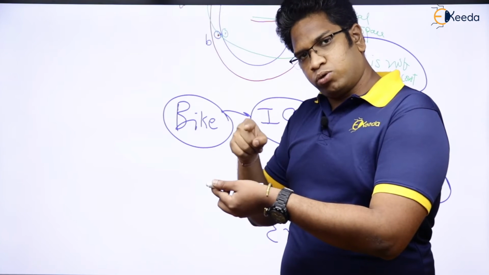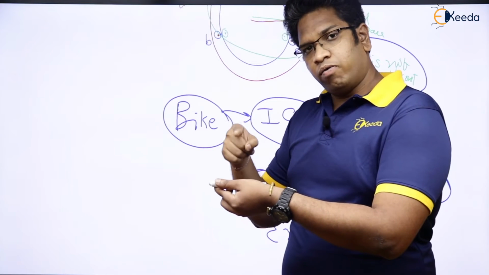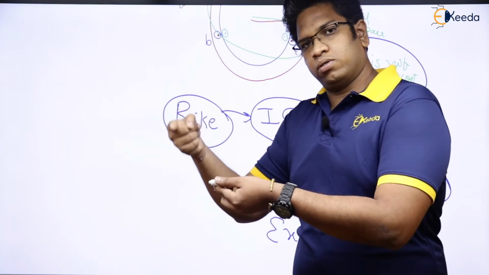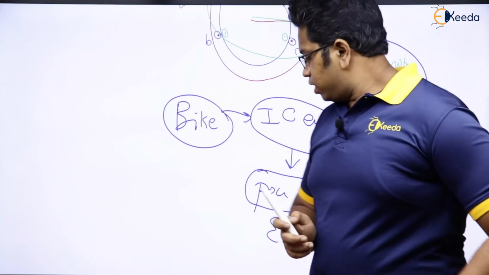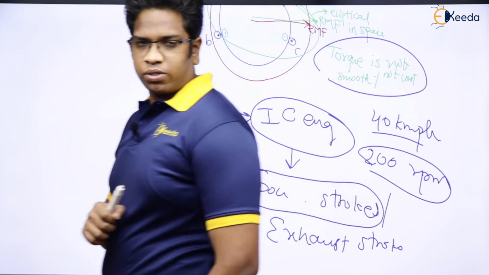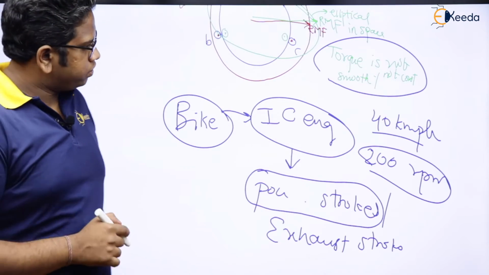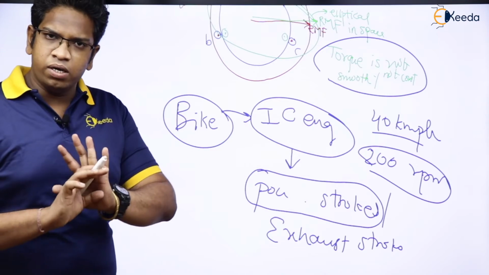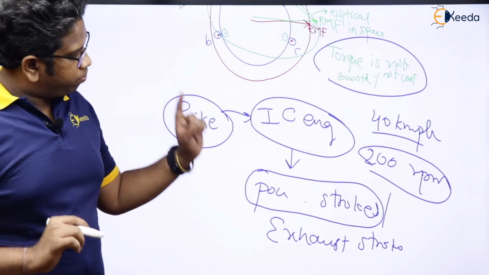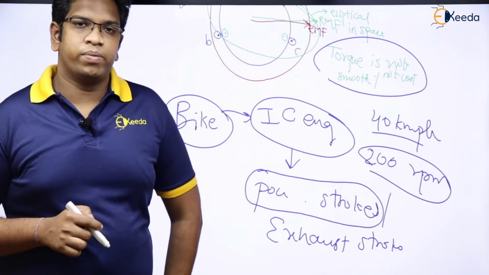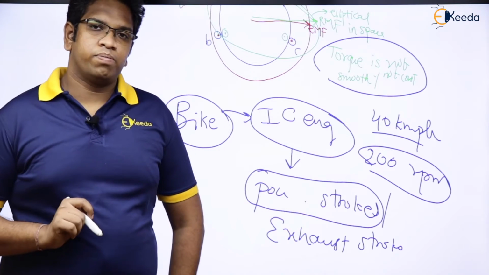The moment you apply some stroke in the bike, it is going to go this way. Basically it is going to have the pressure of power strokes. Since torque is not constant, the speed will be the same, speed doesn't change, but the moment torque is not smooth, what is going to happen?